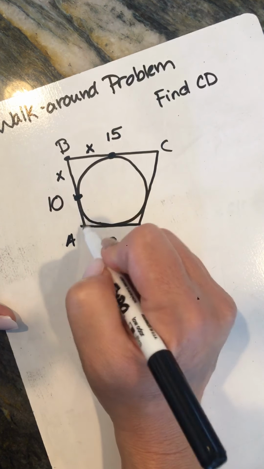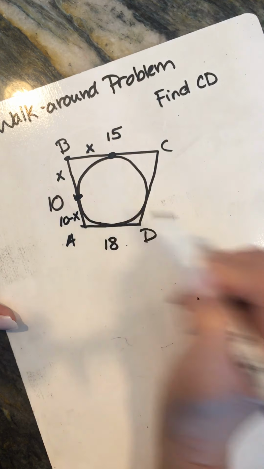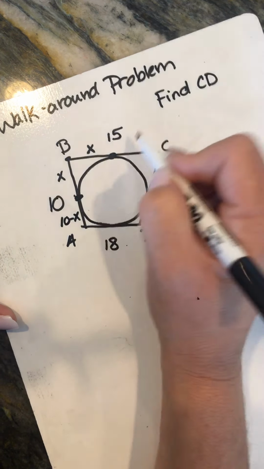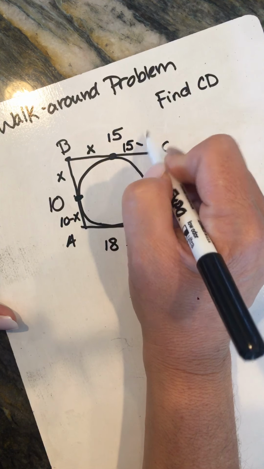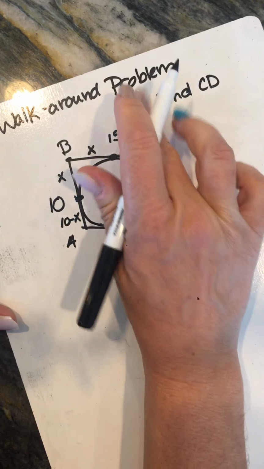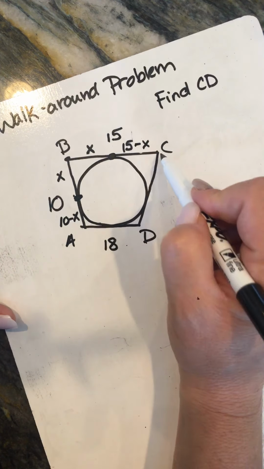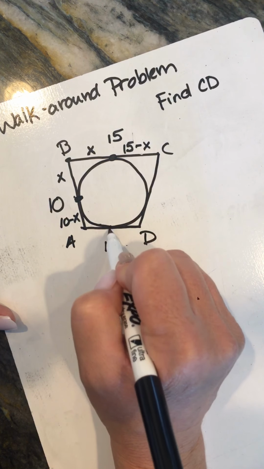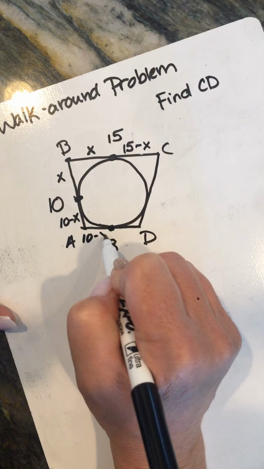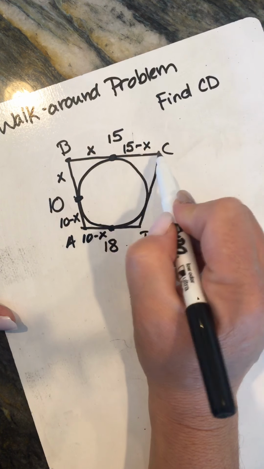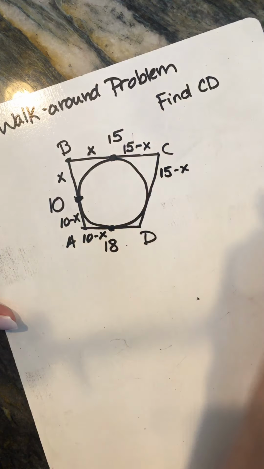The point of tangency to A would then be 10 minus x. And the point of tangency to C would be 15 minus x. Two tangent theorem says that if this is 10 minus x, then this is going to be 10 minus x. And if this is 15 minus x, then this will be 15 minus x.